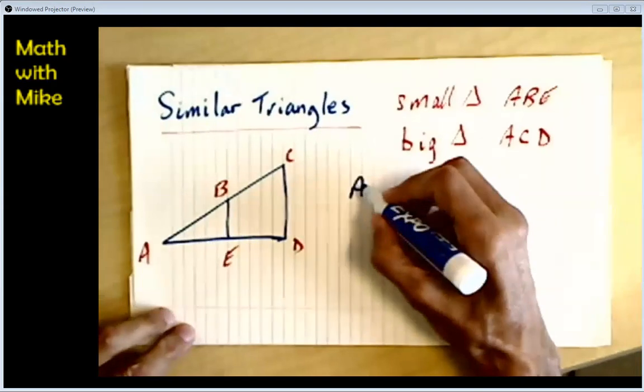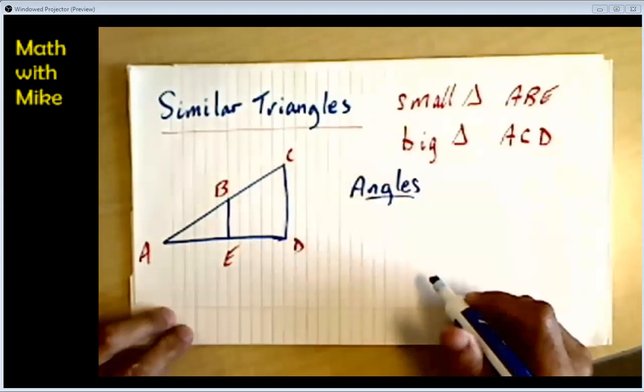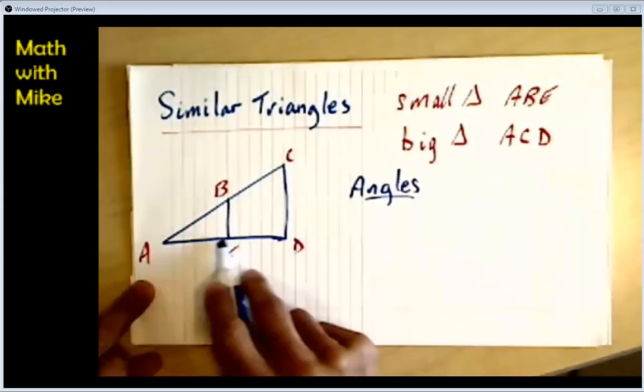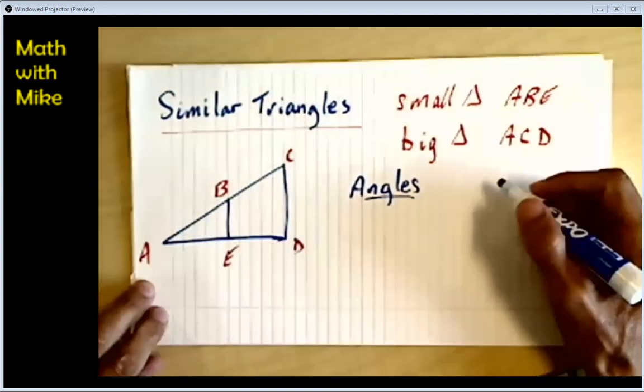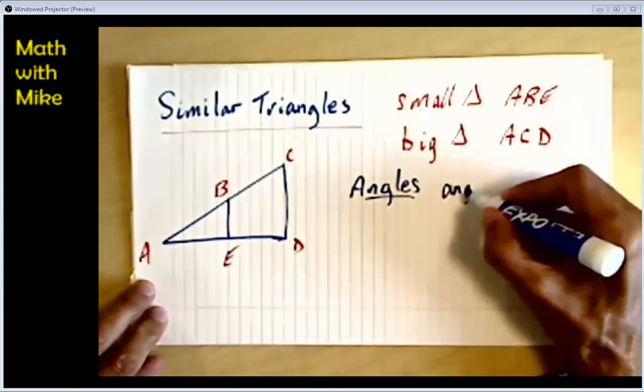So the first thing I'm going to watch is the angles. And so notice angle A is in both of these triangles, right? It's in the small one, and it's also in the big one. So angle A is in both.